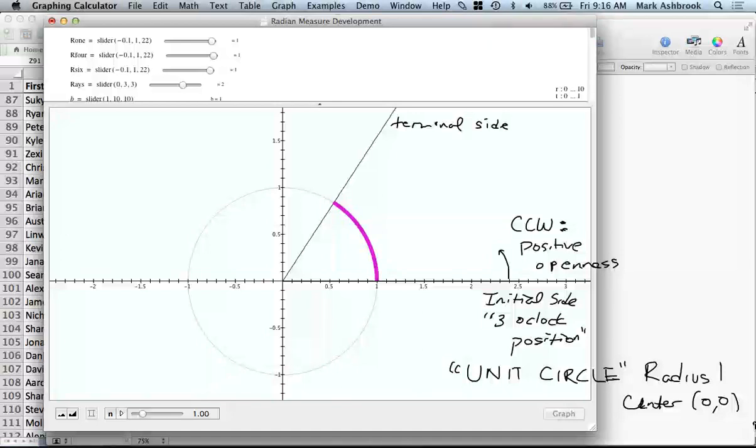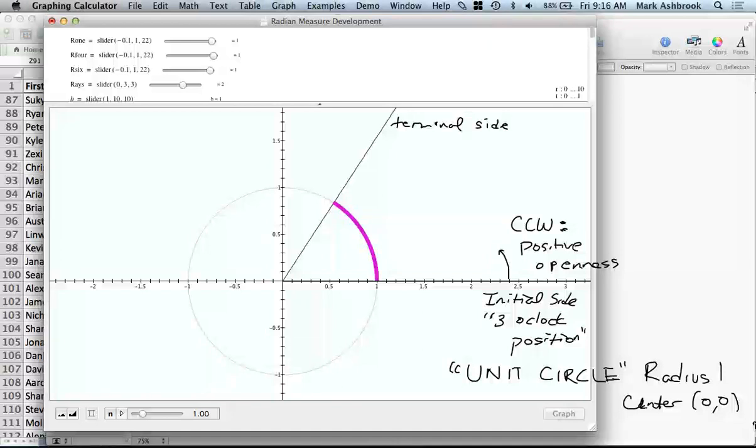The unit circle is very important. We work a lot with the unit circle, and the reason is because every circle that you could imagine, every circle in the whole universe, can be thought of as the unit circle.